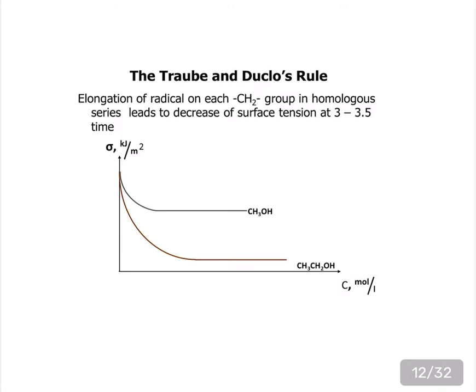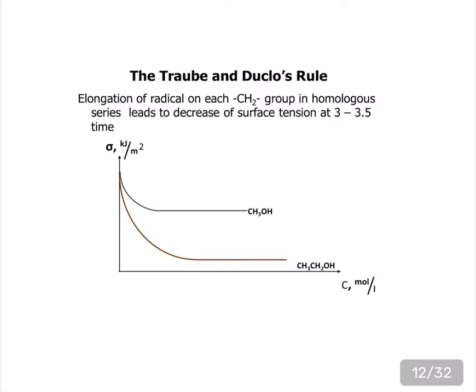If we compare the change in surface tension, we see that ethanol decreases surface tension value more times compared to methanol.